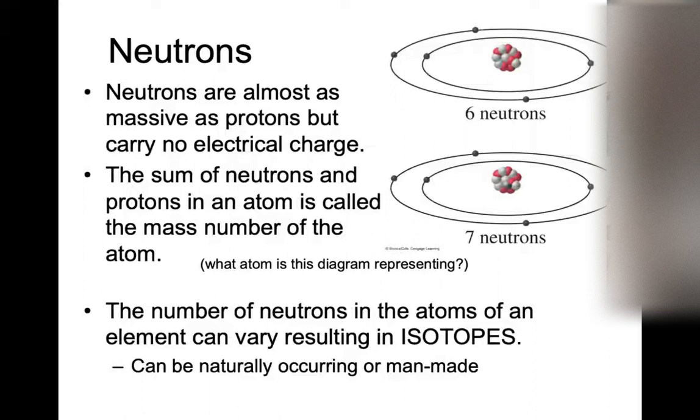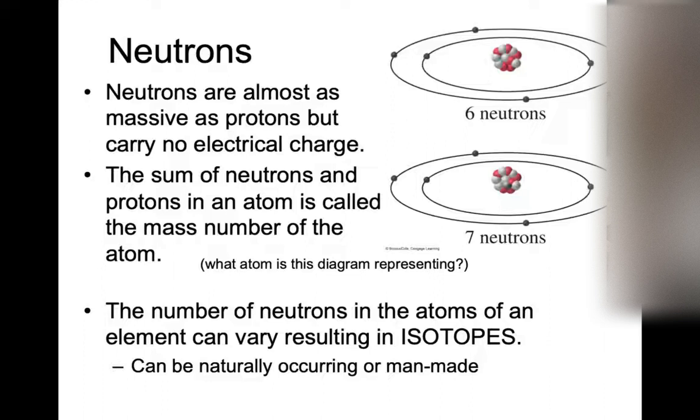So when we look at this atom, oh, here we go. What atom is this one? We can count the protons. The protons are red. In each case, these both have 6 protons, which means that it's a carbon.